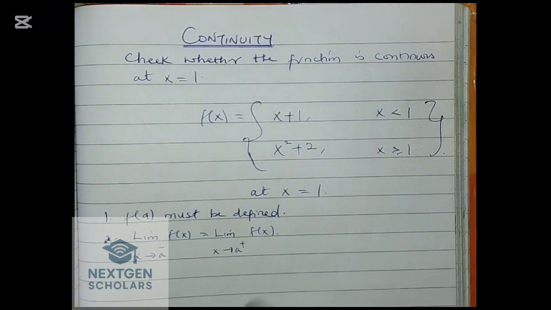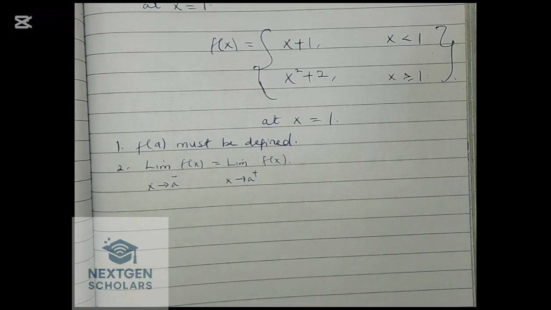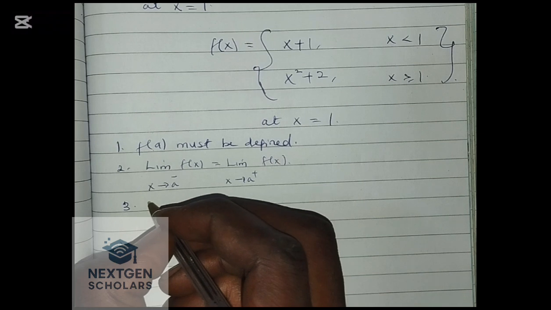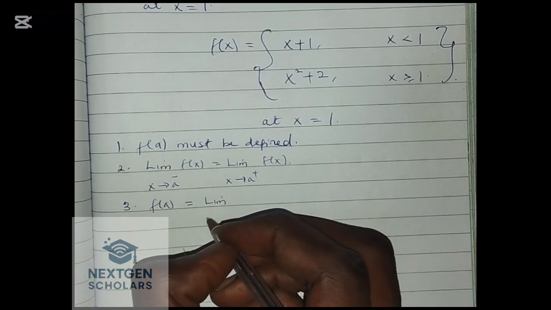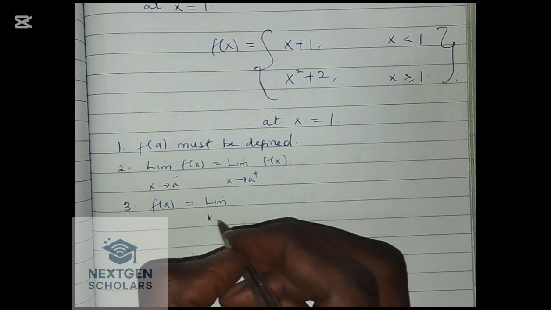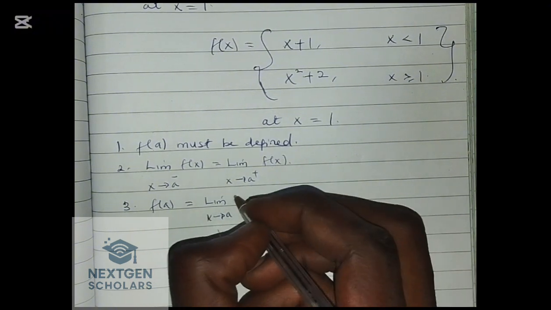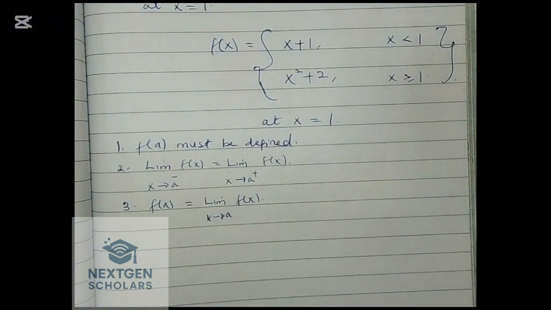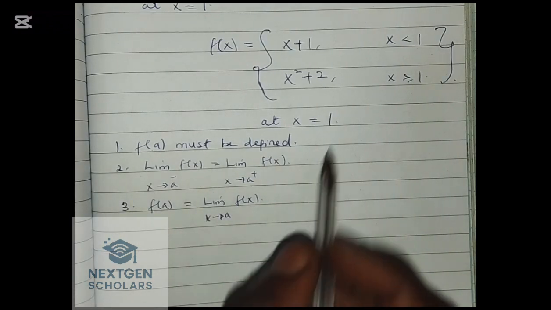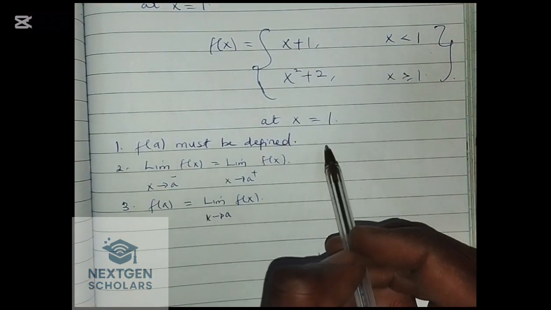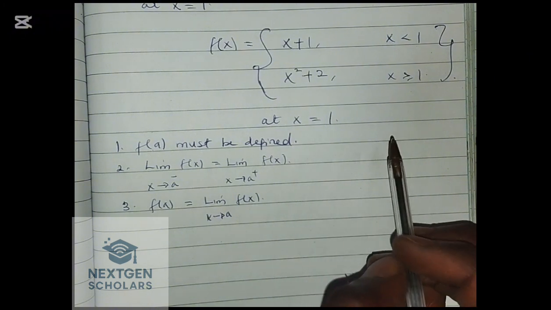That's the second condition. And the third condition says that f of a must be equal to this limit, the limit as x approaches a entirely. Now if these three conditions are met, then we can say this entire function is continuous at x equals 1.